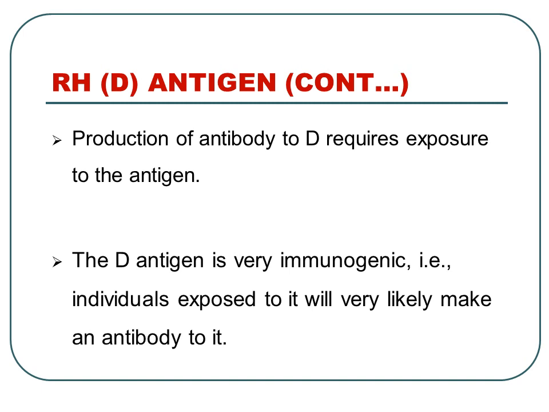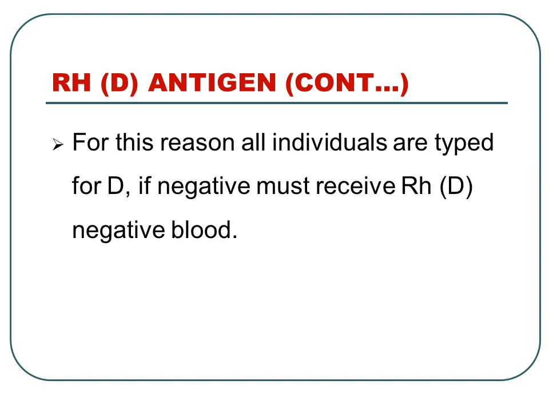Production of antibody to D requires exposure to the antigen. The D antigen is very immunogenic. That is, an individual exposed to it will likely make an antibody to it. For this reason, all individuals are typed for D. If negative, they must receive Rh D negative blood.